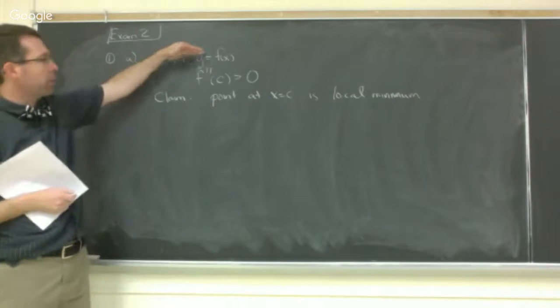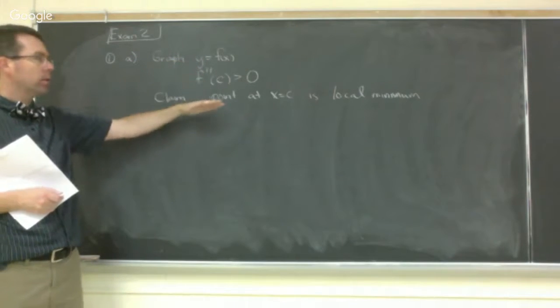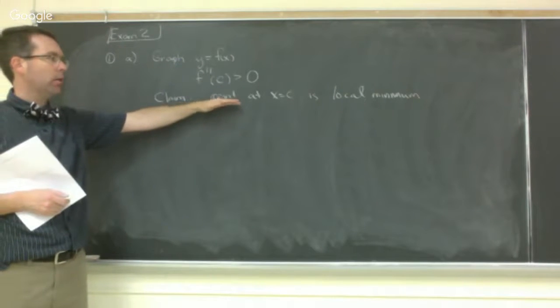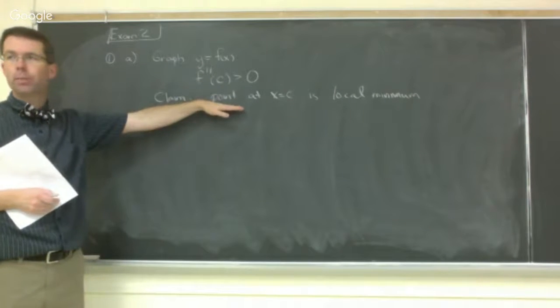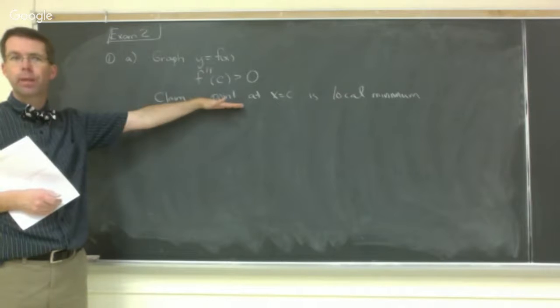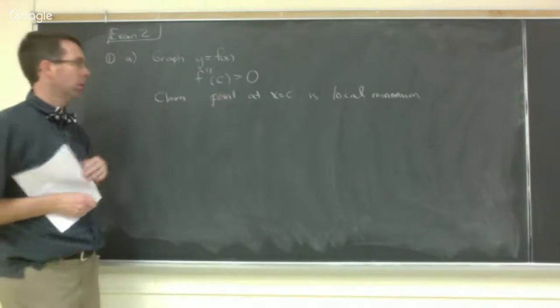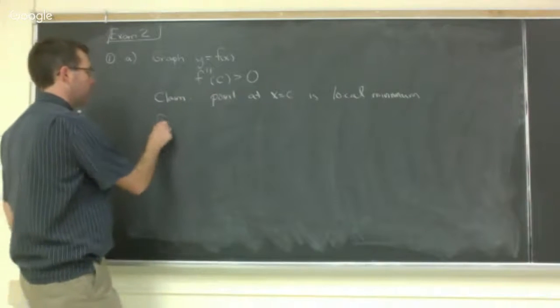I've got a function and it's concave up at a point. Now, is that enough to guarantee that the point is a local minimum? No, but it could guarantee that if there was one more piece of information. So this is going to be sometimes true.